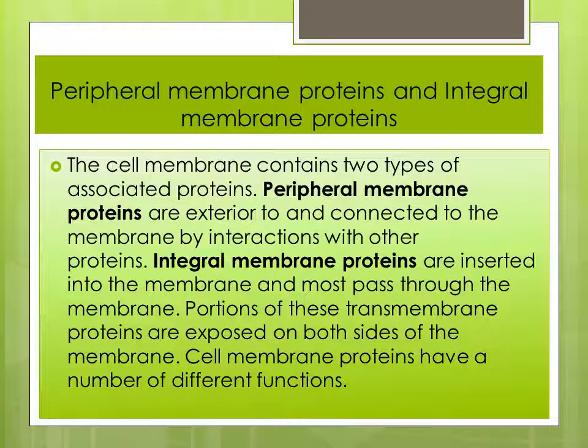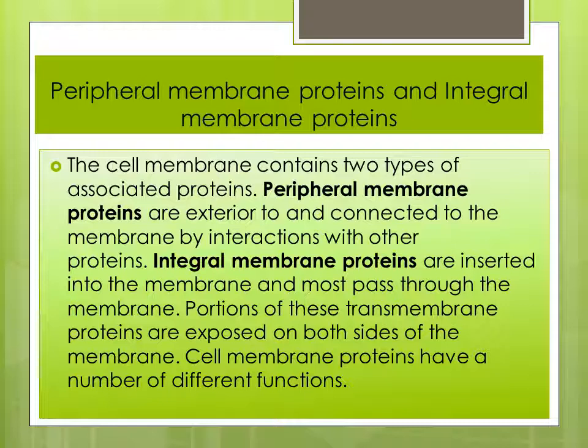So what about the integral membrane proteins? They are inserted into the membrane and most pass through the membrane. Proteins of these are exposed on both sides of a membrane.